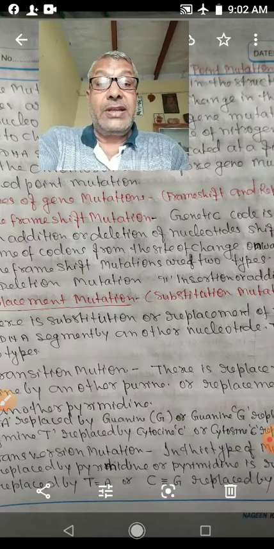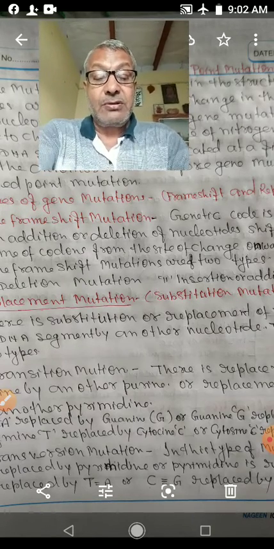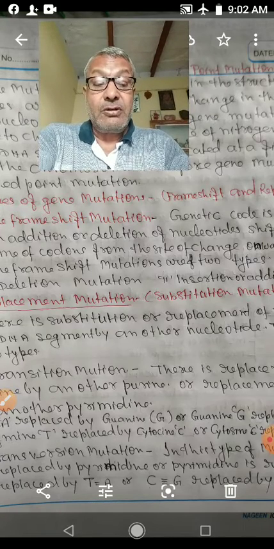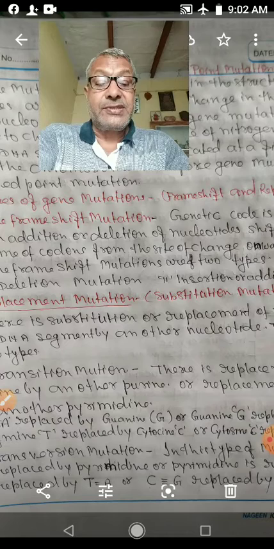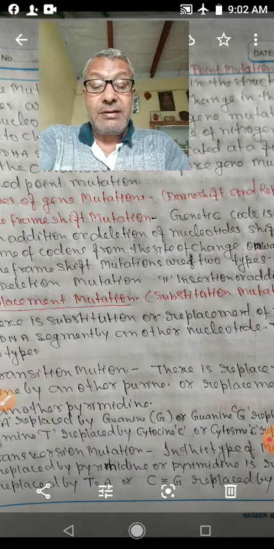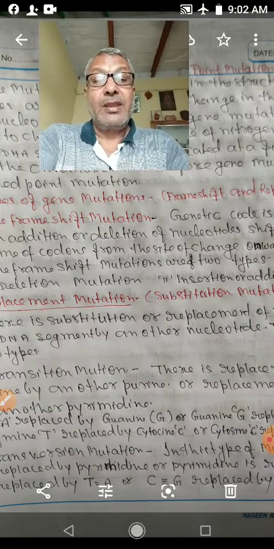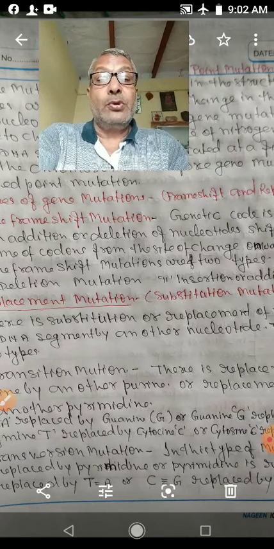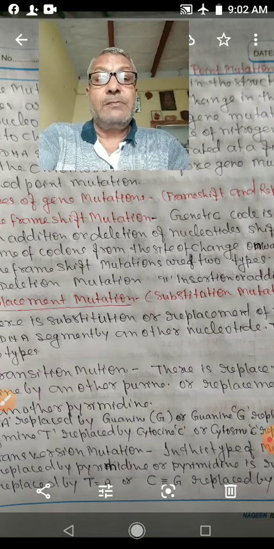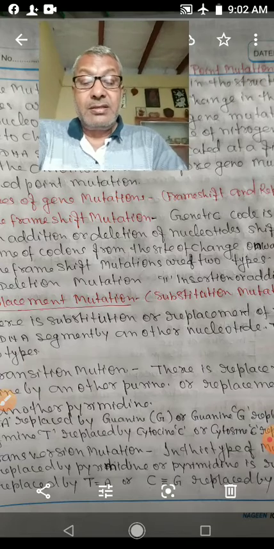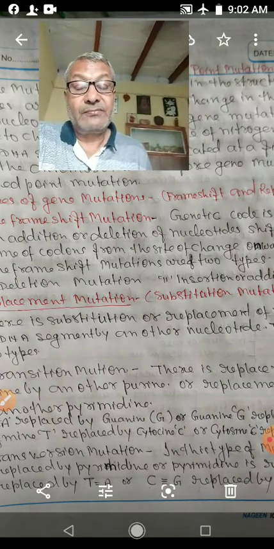If there is addition or deletion of a nitrogenous base or nucleotides, both are going to shift the reading frame of codons from the site of change. When the reading frame of codons changes, then there will be a change in the phenotype, a change in the protein which is synthesized. So this is the frame shift mutation.